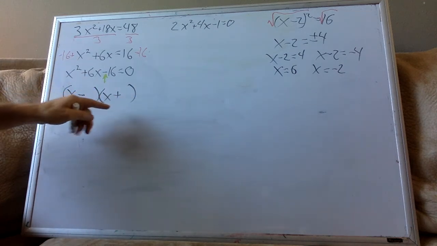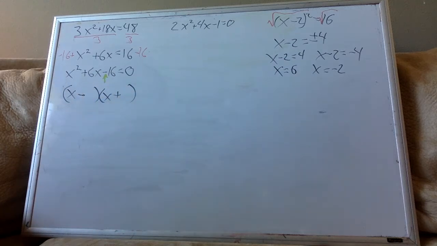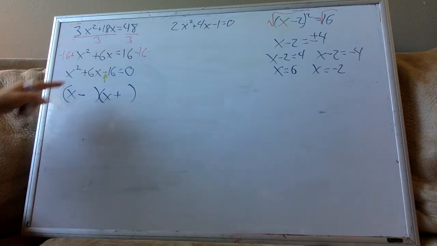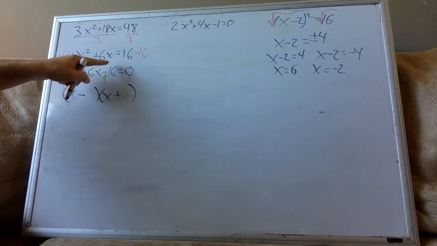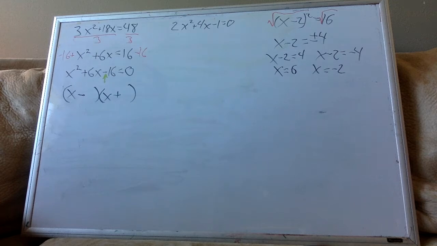These terms have to be constants because I have a constant here. So I'm looking for something that gives me a difference of 6 out of the factors that multiply together to get 16. I have 16 and 1, I have 8 and 2, and I have 4 and 4. So 8 and 2 must be it.